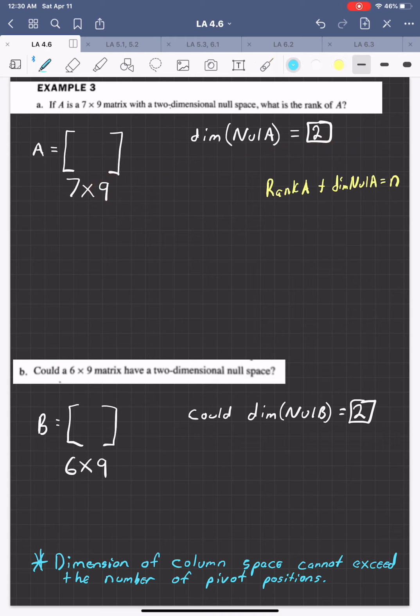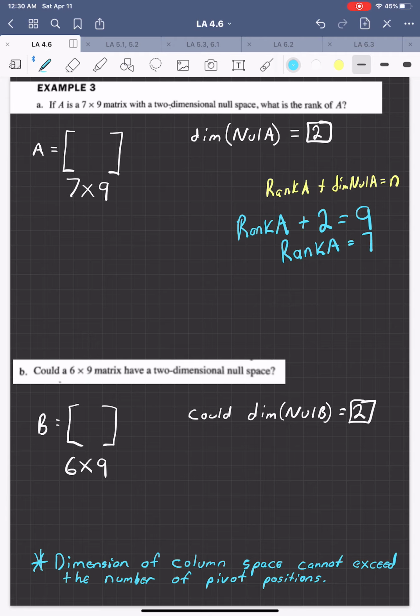So the rank of matrix A plus the dimension of the null space, which we saw as 2, must equal 9. Therefore, subtract 2 from both sides, the rank of A is equal to 7.